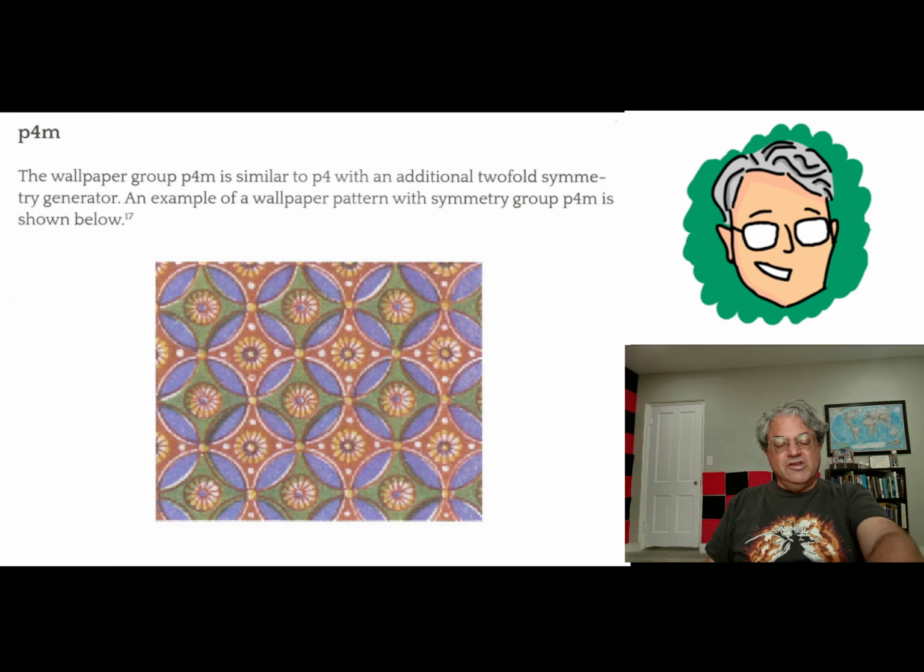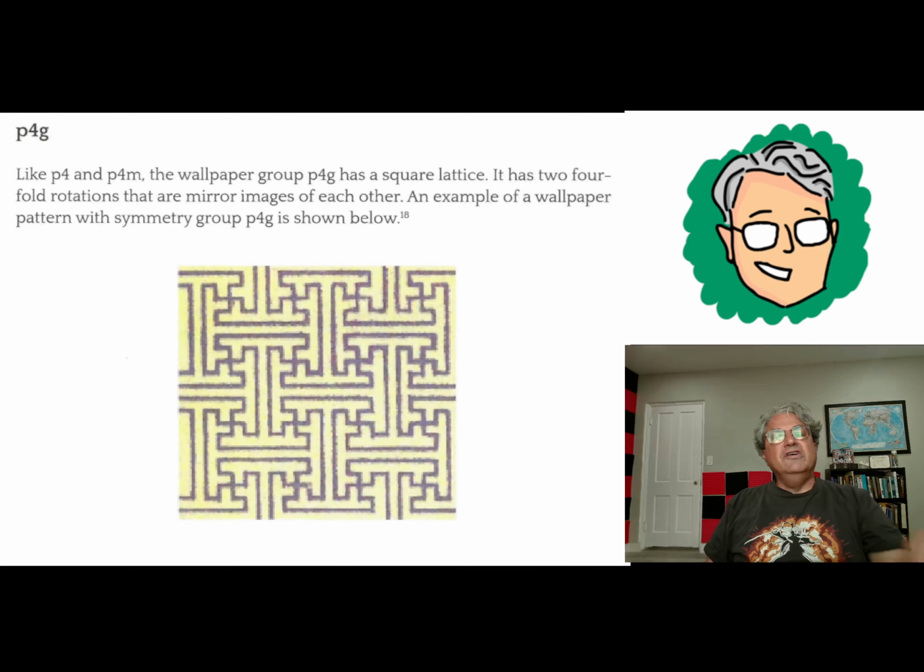And then the 12th one is P4G. This one looks kind of complicated. I kind of like this pattern. Kind of looks like a Peano curve, a space filling curve, I think it is. Anyway, this particular pattern, again, it has a square lattice, and this one has two fourfold rotation axes that are all mirror images of each other.